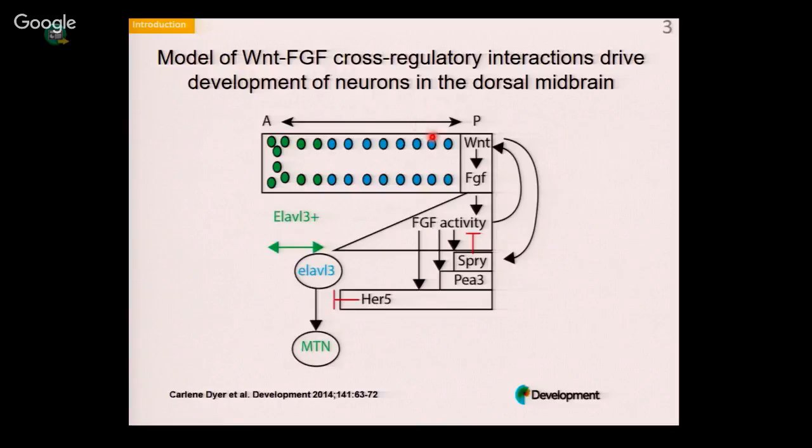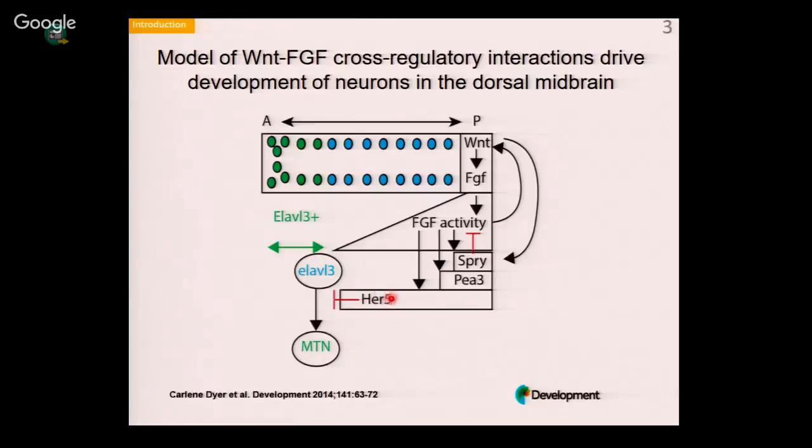When it is expressed in the MHB during the early stages of development, an FGF activity gradient occurs throughout the midbrain. Expression of HER5 along the dorsal midbrain is dictated by the FGF activity. HER5 acts to restrict neuronal differentiation of the neuroprogenitor cells.